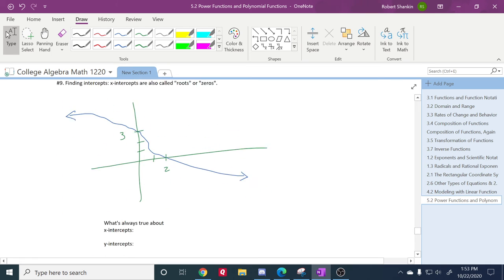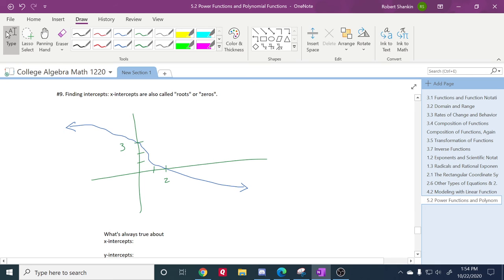Okay, we're going to go to number 9, finding intercepts. All right, so x-intercepts, and it's only x-intercepts that are given these extra names. Sometimes they're called roots, sometimes they're called zeros of a polynomial. Let's take this point up here.